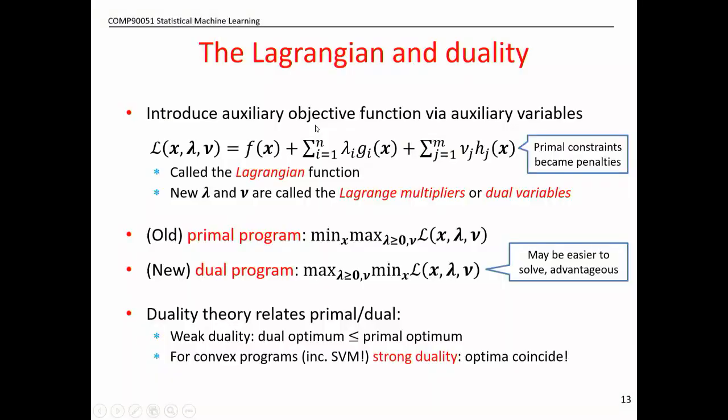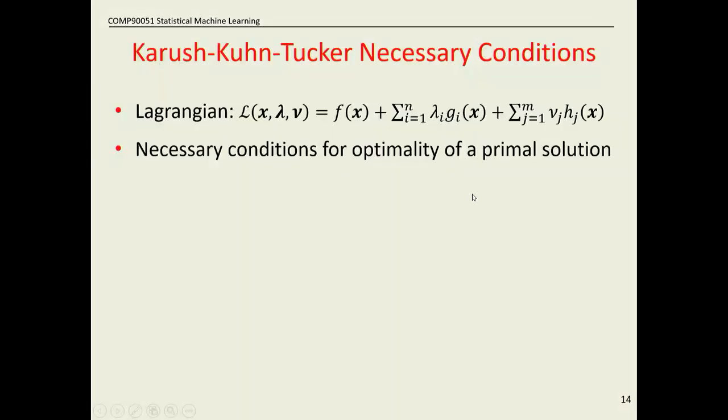And we might want to have some constraints on lambda and nu. For example, if we're minimizing this calligraphic L, this curvy L, we might not want the lambdas to be negative. It might not make sense. So we need to figure out what are the conditions that all have to hold at a solution.